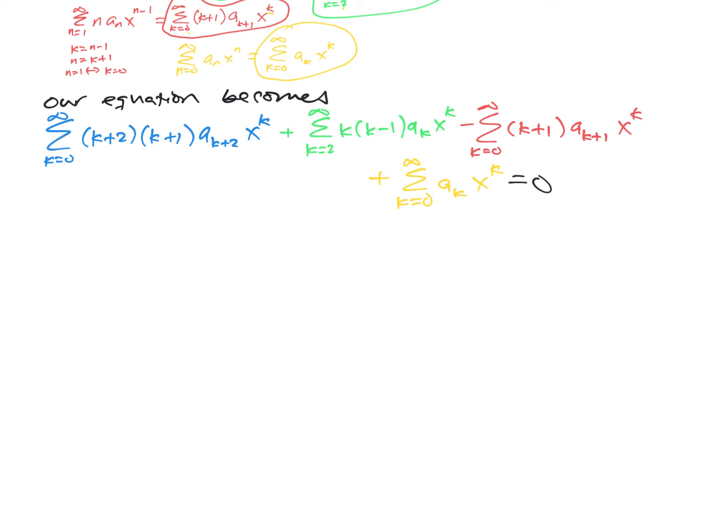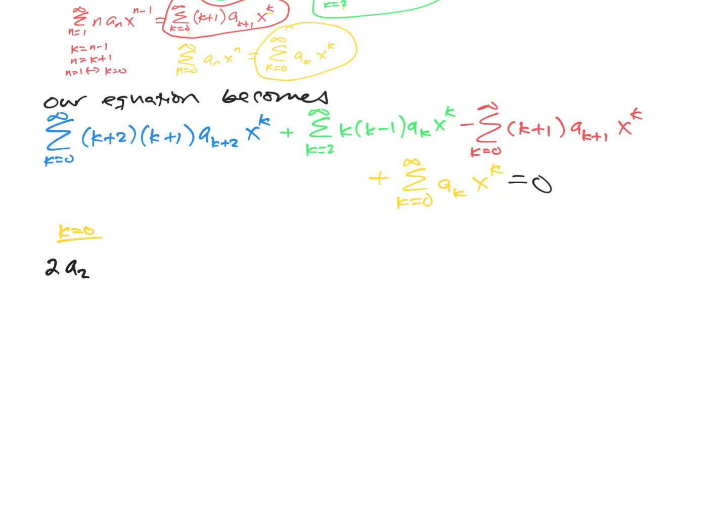So let's first write out, I guess, use blue here. So when k equals 0, let's write out the k equals 0 term. We can plug into the blue one and we get 2 times 1 of a2, so 2a2, and then x to the 0 is just 1.